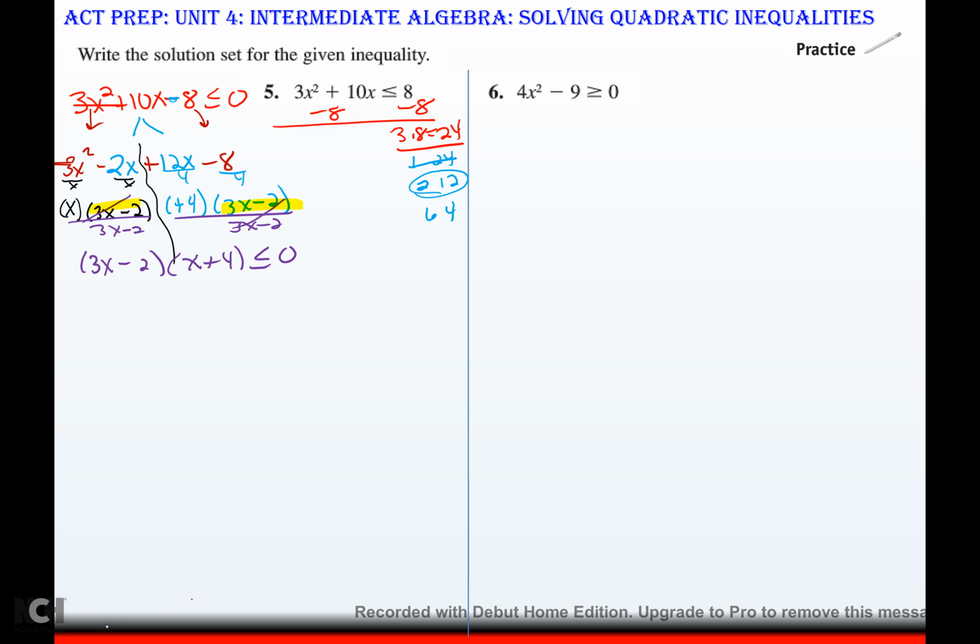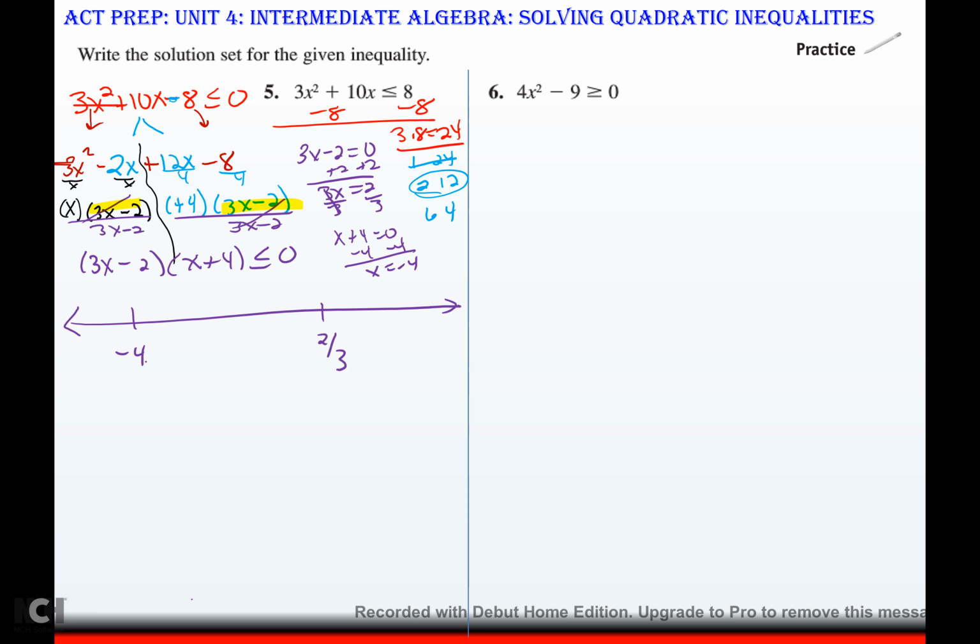So if I solve these, I got 3x minus 2 equals 0, add 2, 3x equals 2, divide by 3, x equals 2/3. Don't panic on fractions. We're not testing the actual fraction. And then to get my other one, x plus 4 equals 0, so x equals -4. And there's a bar, so we get to include our solutions.